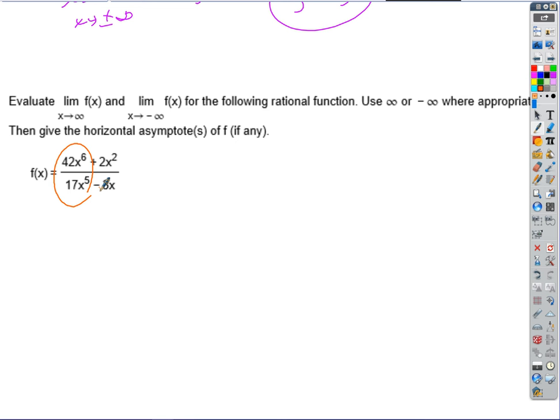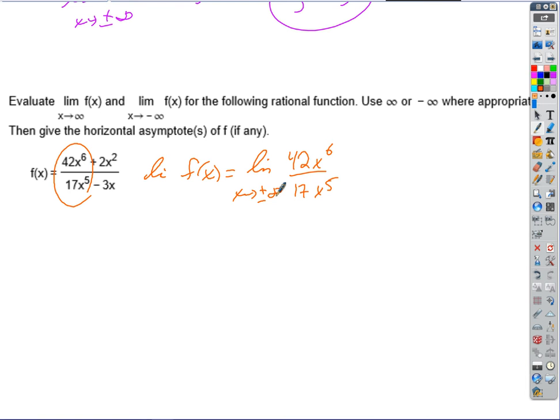If I simplify that, the limit of f of x equals the limit of 42x to the 6th over 17x to the 5th, and we'll do plus or minus infinity, although we might get different answers to that.